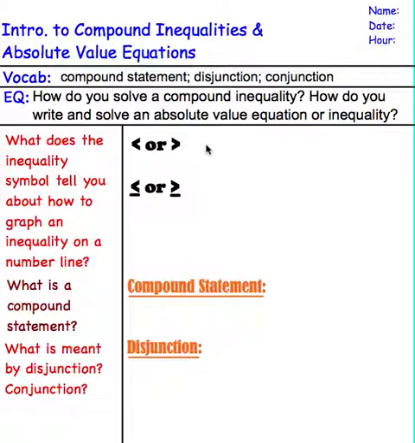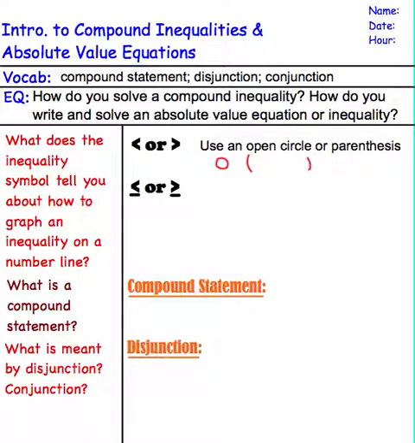So remember, if you've got the inequality that is greater than or less than, we're going to use an open circle or parenthesis. And this is new for you, the parenthesis piece. At that spot, you can use the open circle like you've always learned, or you can use a parenthesis to symbolize that open circle.